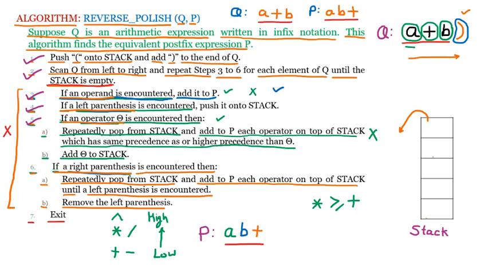Then afterward, if a right parenthesis is encountered, then we have to pop from the stack until the starting bracket comes, and all those things will be put after the postfix expression, and at the end the left parenthesis is removed. So this way we are going to work in this algorithm and convert the infix expression to the postfix expression.